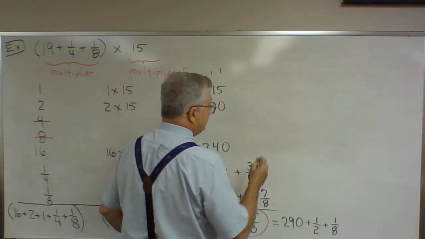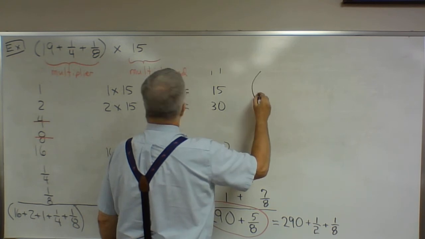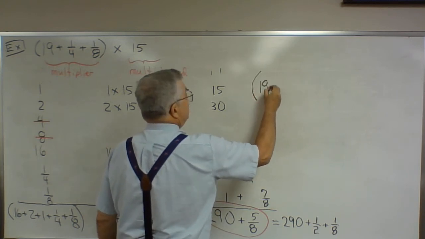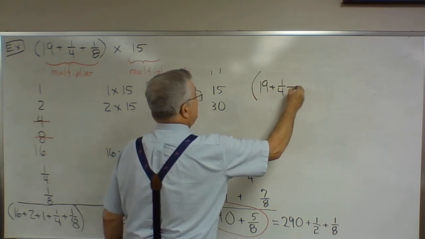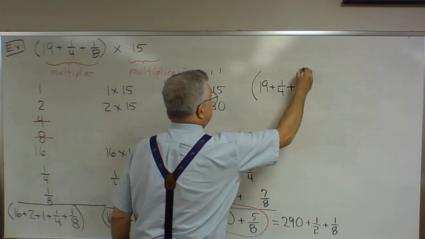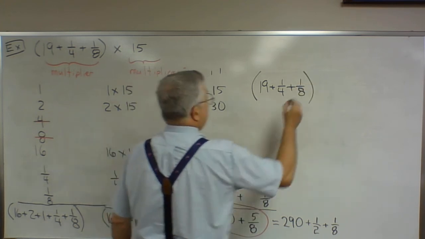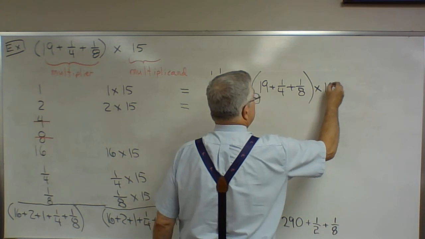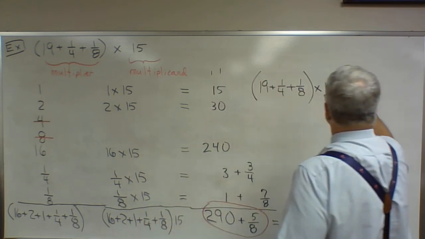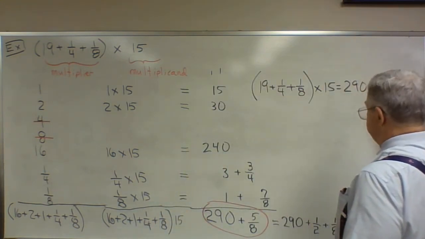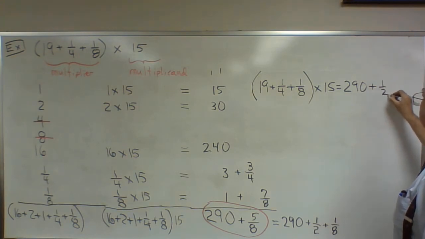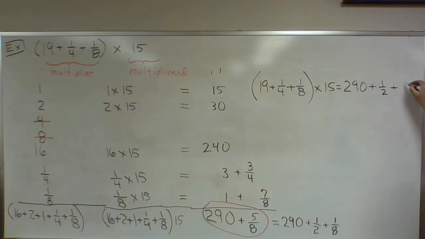So let me rewrite my result correctly. 19 plus 1/4 plus 1/8 times 15 is equal to 290 plus 1/2 plus 1/8.